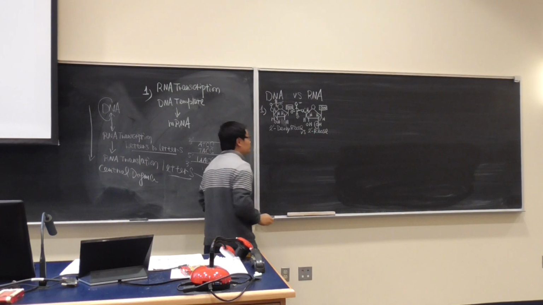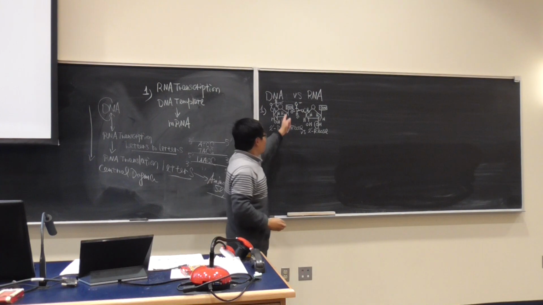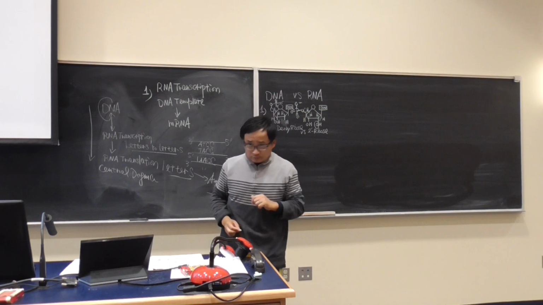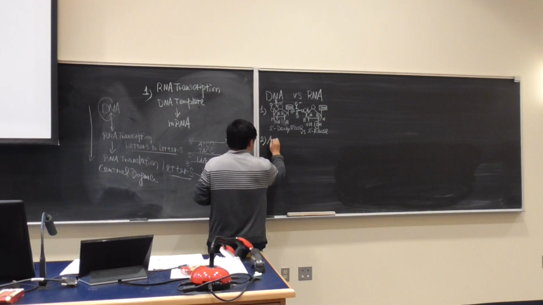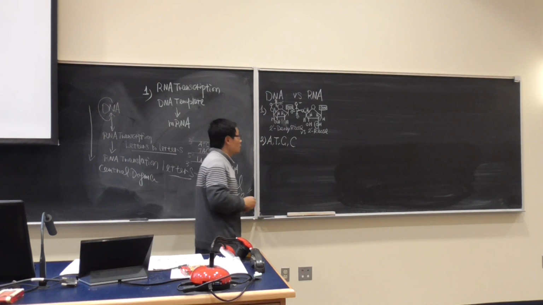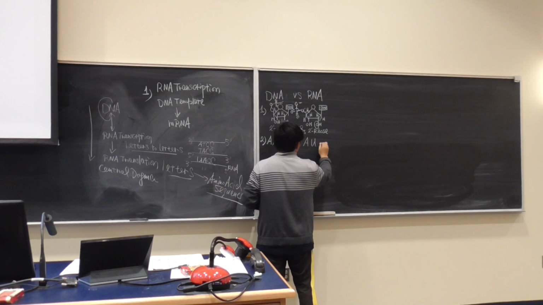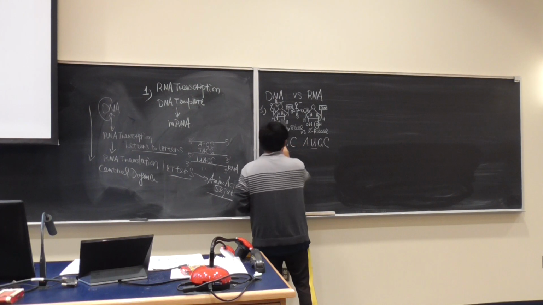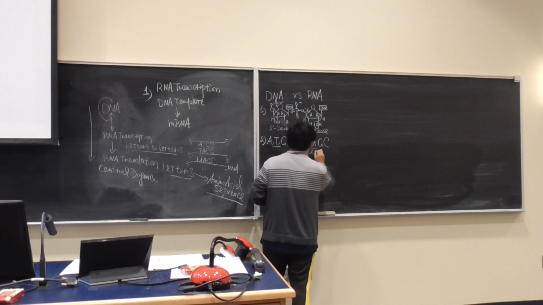That's the first thing. Second thing: how about the base? What are the bases of DNA? A, T, G, C. How about RNA? A, U, G, C. Instead of thymine, here you have uracil.